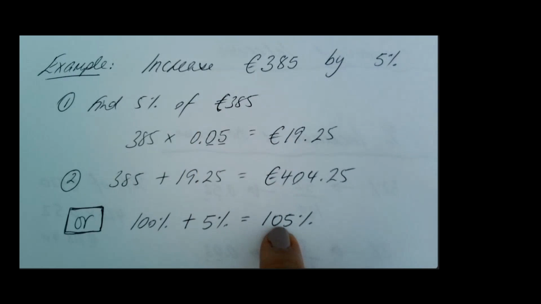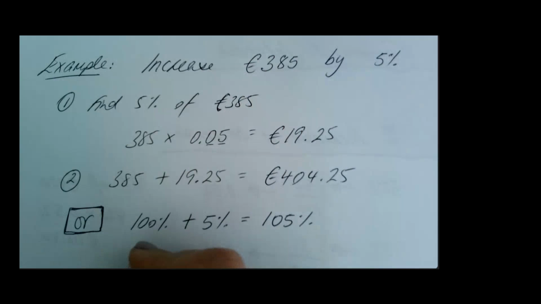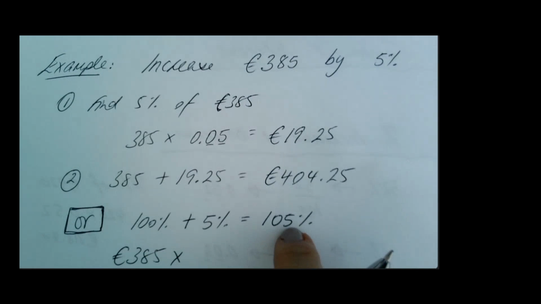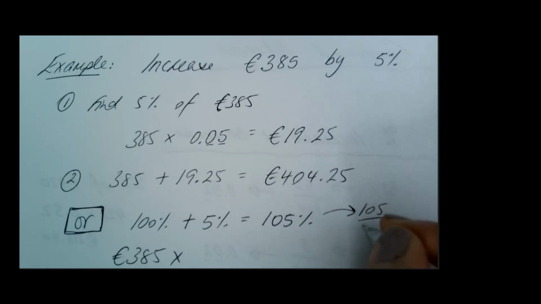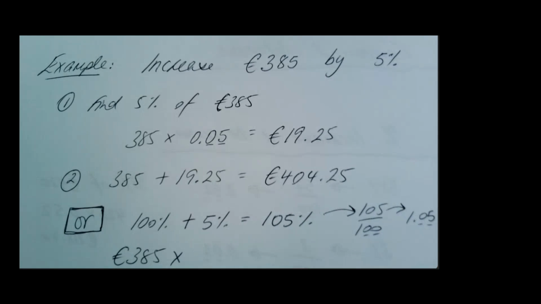So since this is just the percentage that I want to get, and I know how to get a percentage of a quantity, I just multiply my value, 385, by the decimal of my percentage. Well, 105% is 105 out of 100. All percentages are out of 100, which in decimal form is 1.05, 2 decimal places, 2 zeros.